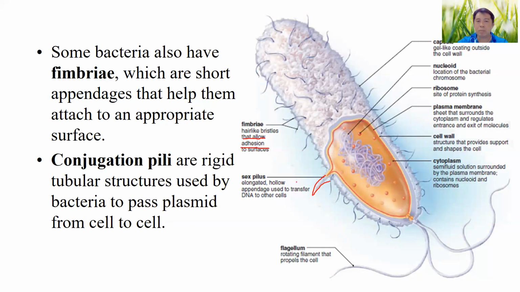During conjugation, these sex pili join to form a bridge with another prokaryotic cell, so that the plasmid can be exchanged to the other bacterial cell. This is considered sexual reproduction in bacterial cells.